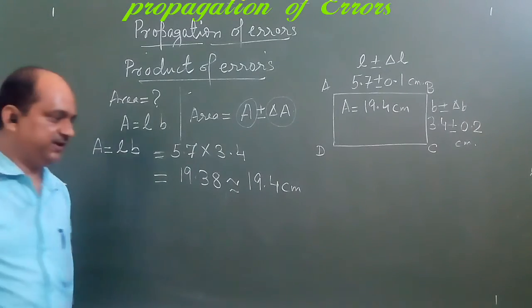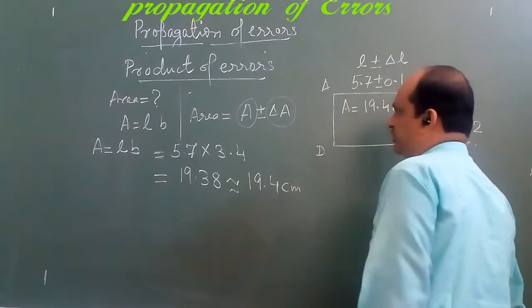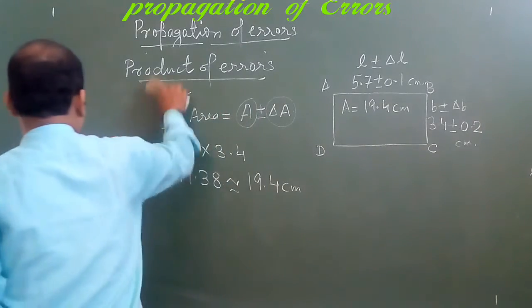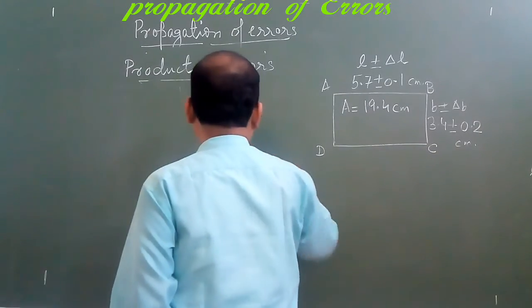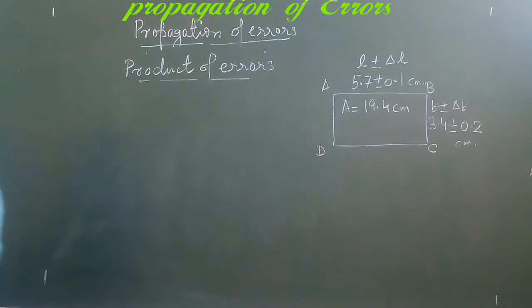For delta A, we have to do another calculation, using the concept of relative error.